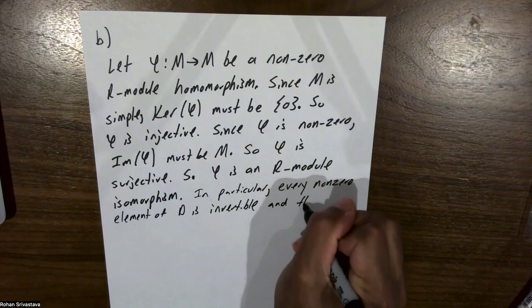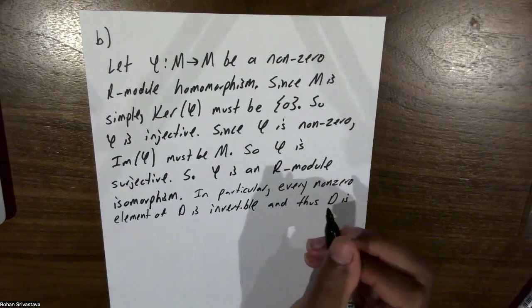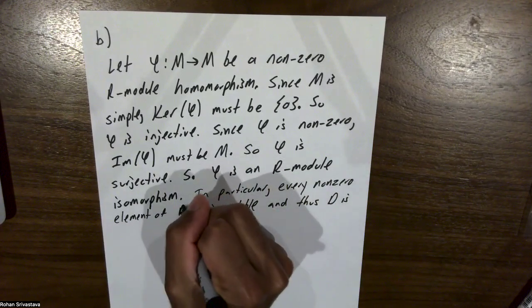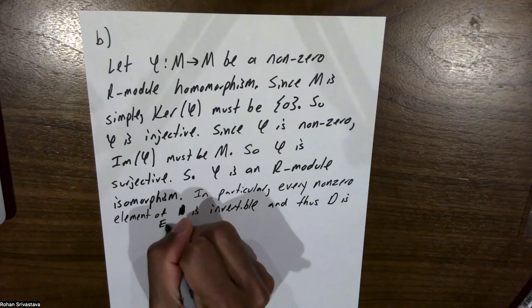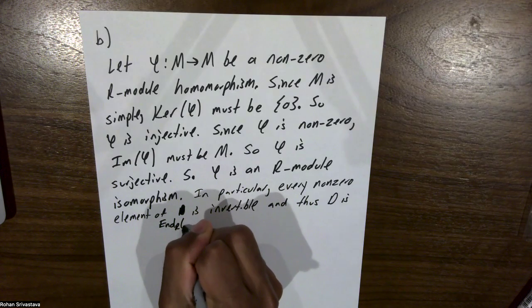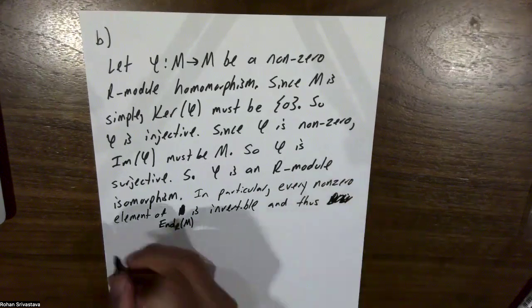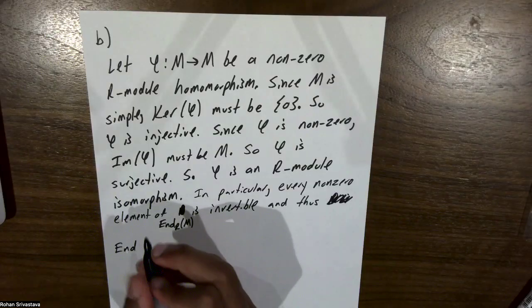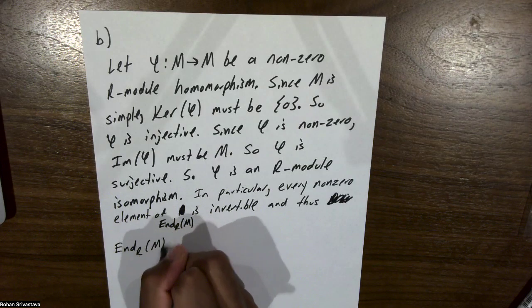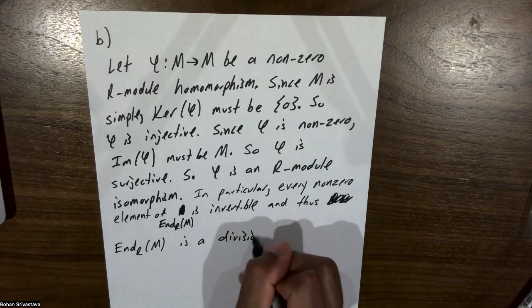And thus, when I say E I mean the endomorphism ring of M, and thus the endomorphism ring of M is a division ring.